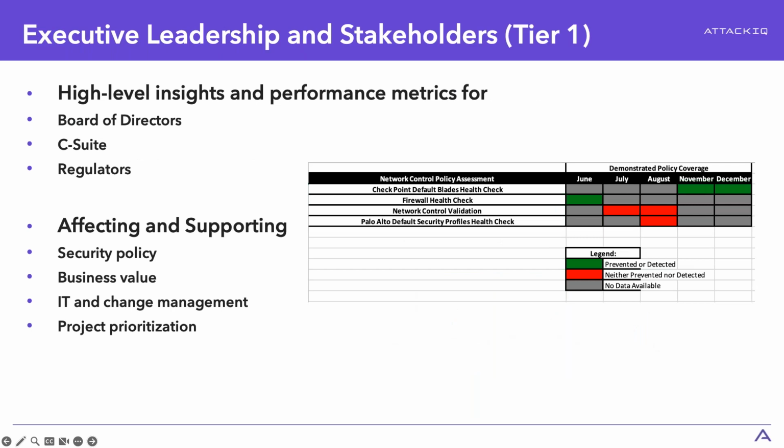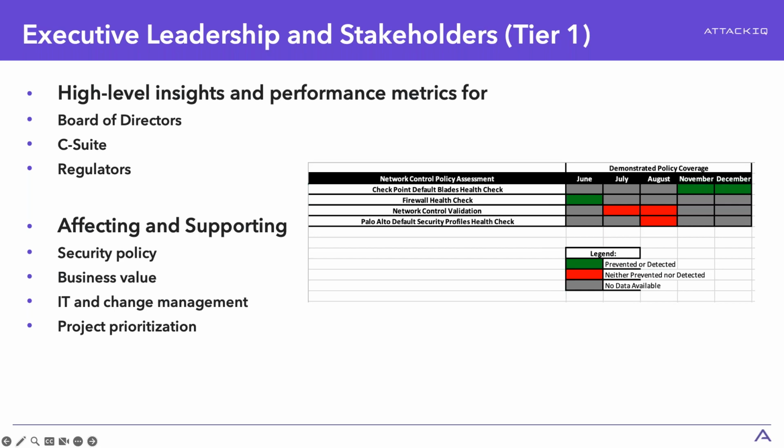The first one is the executive leadership and stakeholders, or what I like to call tier one audiences. Essentially here, effective reporting should provide evidence to C-level executives, board of directors, regulators, etc., of the current security risk and posture from automated security control validation data.